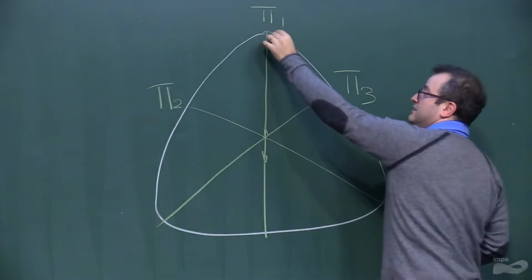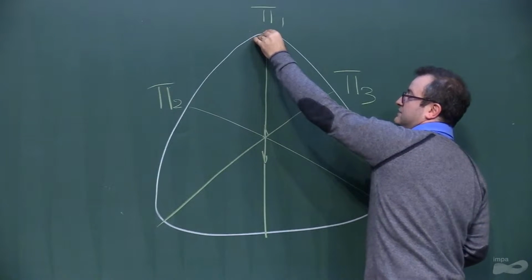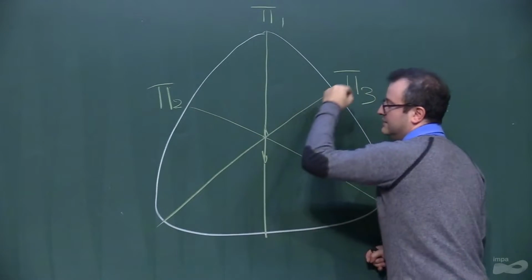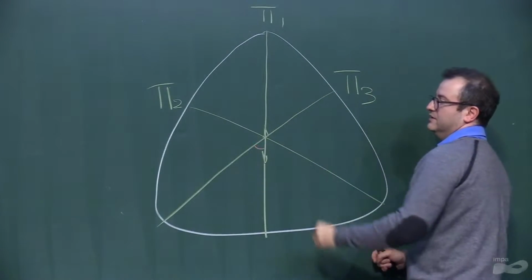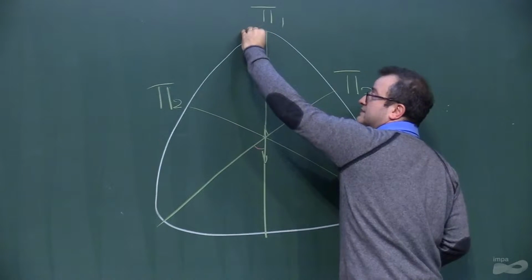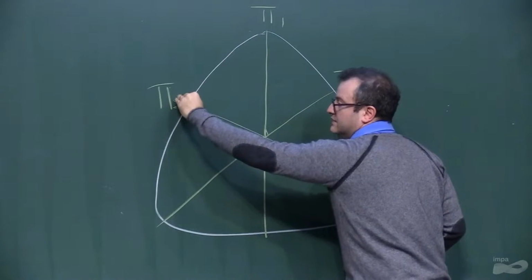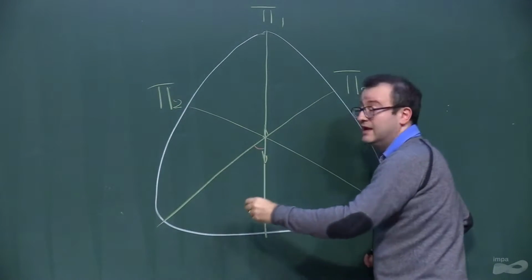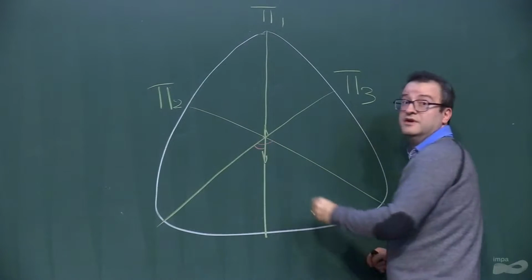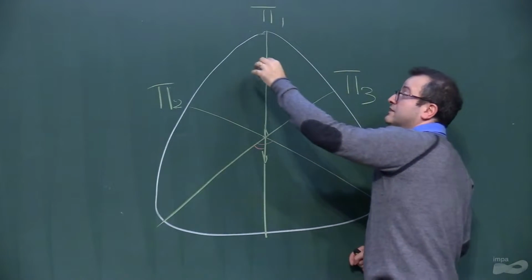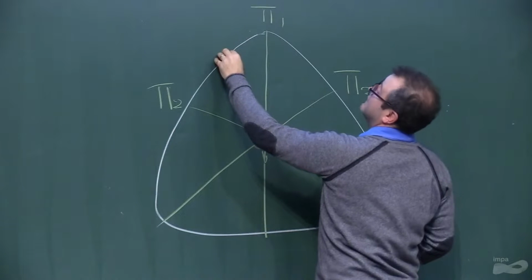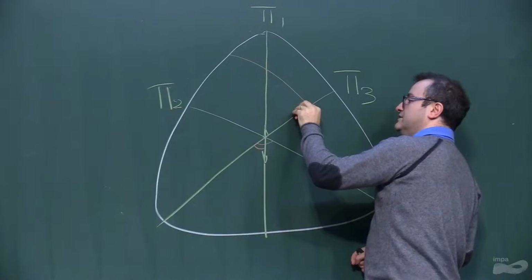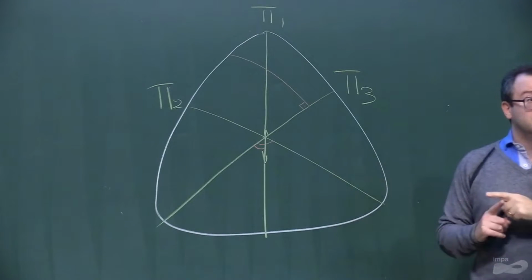So if you start here, you see that it gets closer to this, and it intersects this line on an acute angle here. And if we move the starting point along this curve here, we see that it will intersect this line with an obtuse angle here. So there is a point in between here, and we see there that it will reach this line in a perpendicular way.